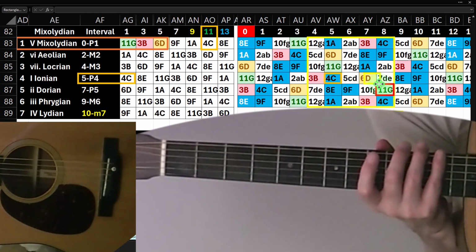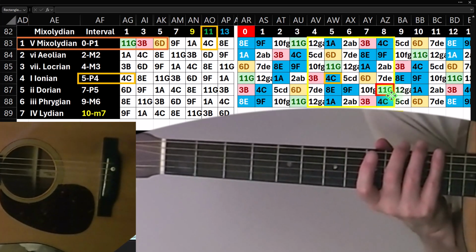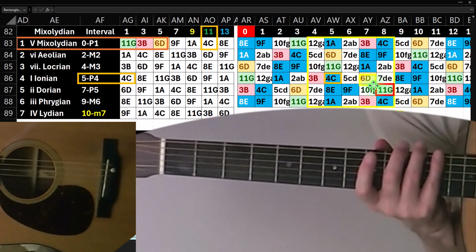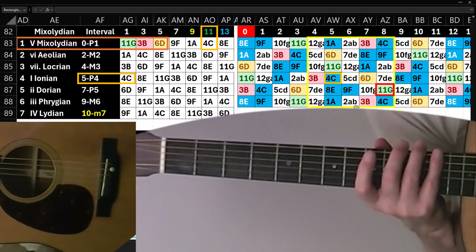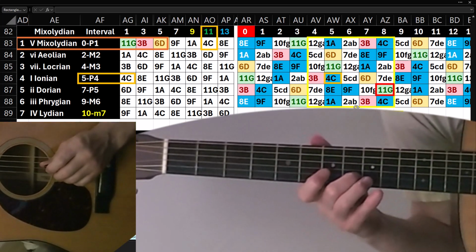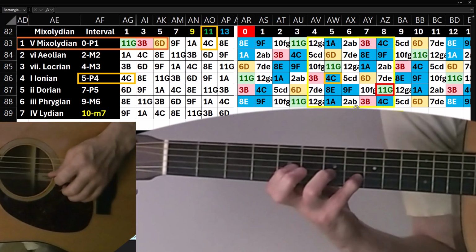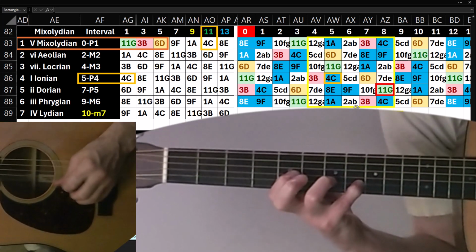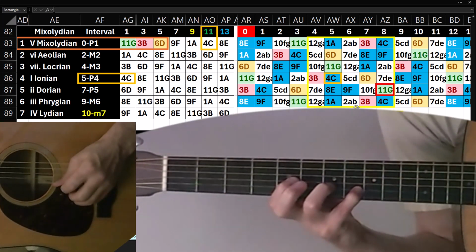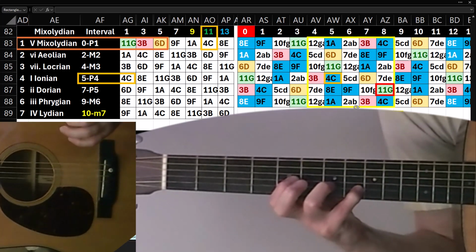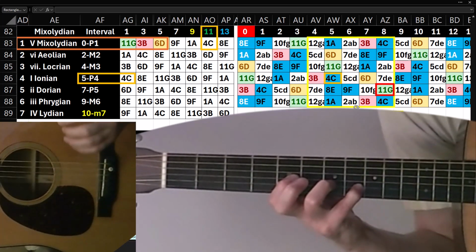I'm going to cross diagonally this way to get a distance of 5. So I'm going to go 5, 6, 7. Let's count it out this way. So we're going to be from here, -5, -6, -7. So if I went from top to bottom, from the C to G, that would be a 7-note away perfect fifth. Bottom to top, therefore, from the G, bottom to top is a 5-note away perfect fourth.